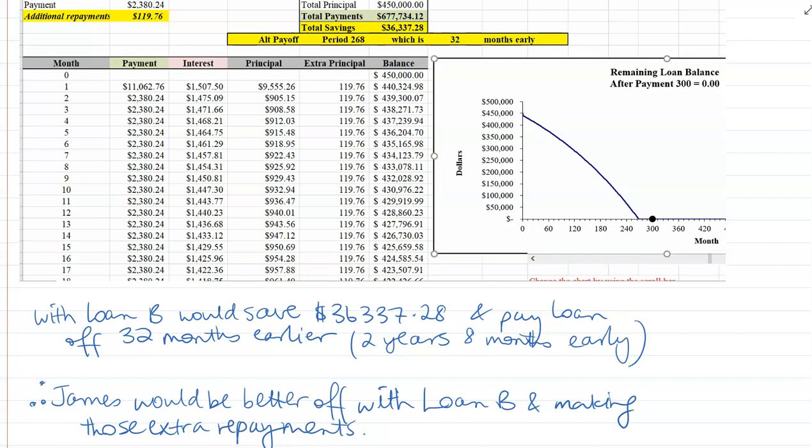If you're given the option to make fortnightly repayments instead of monthly repayments, take that option up. And lastly, if you can shop around for a lower interest rate loan, then you'll end up saving a lot of money over the duration of the loan.